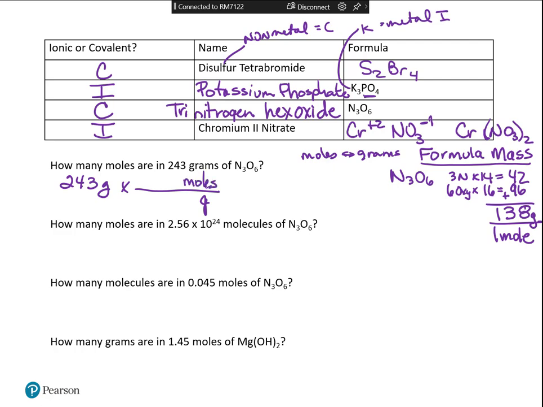So you can do it in just a single step. What do I put in front of moles? 1. Moles gets the 1, and grams gets 138. So I'm going to take 243 divided by 138. And I got a really big, long number.